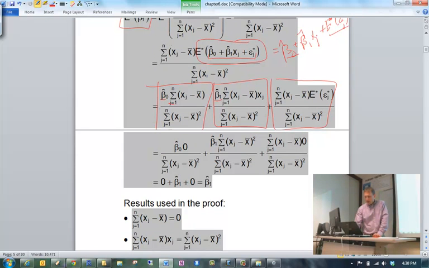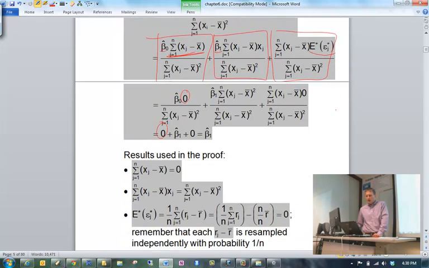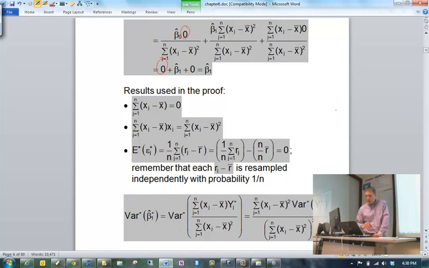Okay. Sum of xj minus x bar is 0. So that goes away. The last term, expected value star of epsilon j star, that's 0. Why? Well, remember what we're resampling. We resample with replacement.